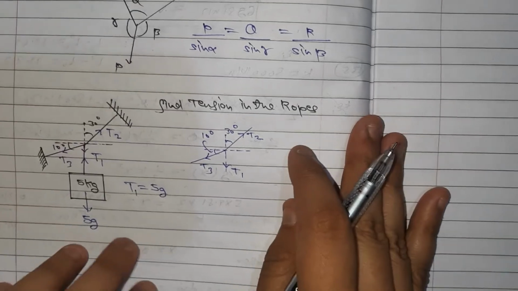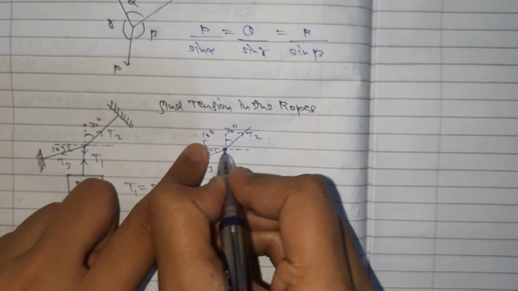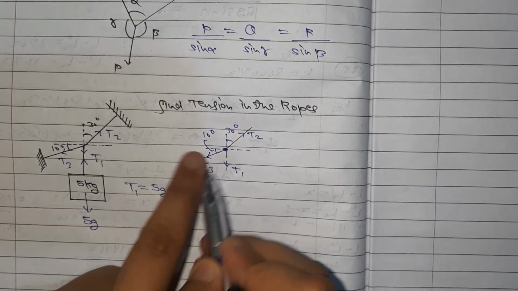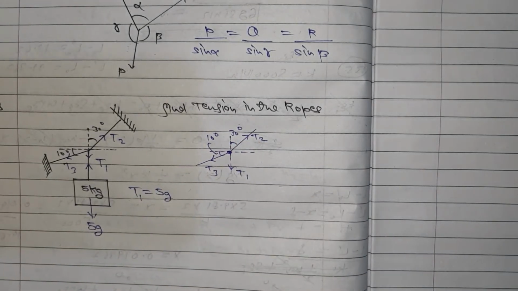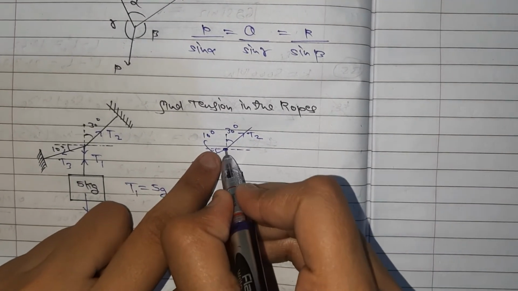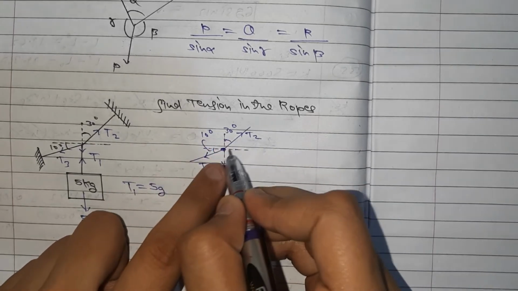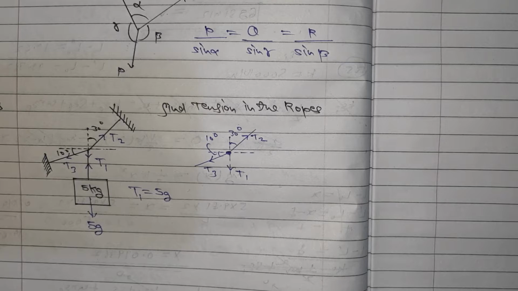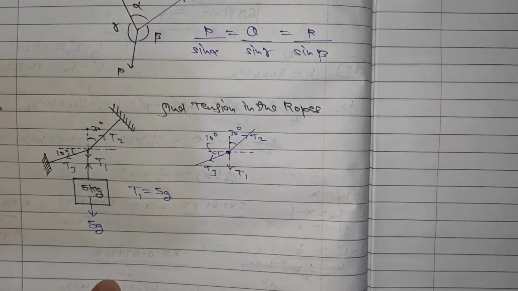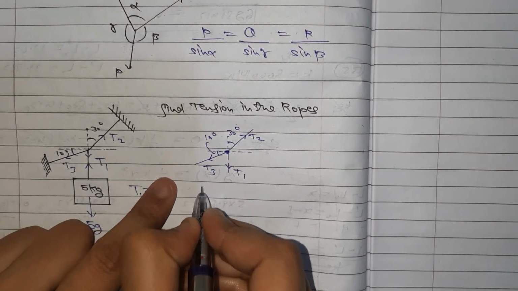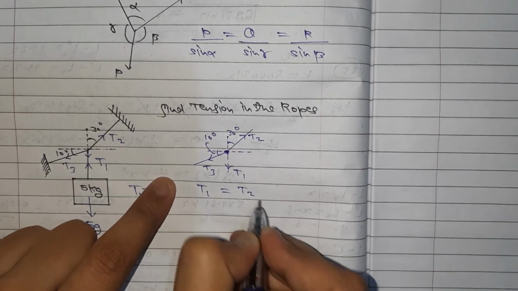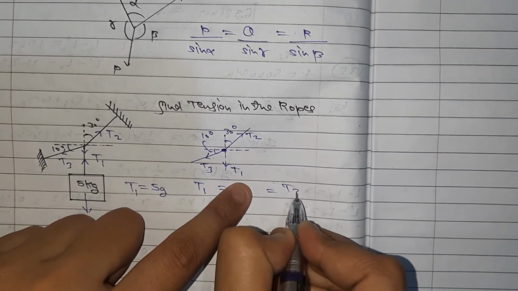Can you see that this is the common point through which these 3 tension forces pass? T1 passes through this point, T2 also passes through this point, and T3 also passes through this point. So now I am going to write T1 over sine of its opposite angle equals T2 over sine of its opposite angle equals T3 over sine of its opposite angle.